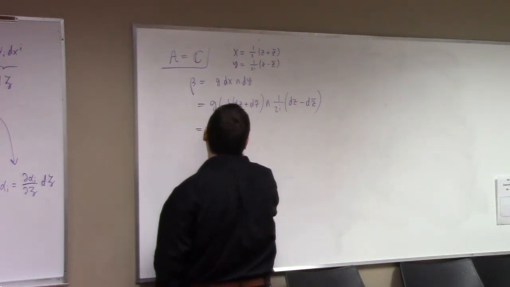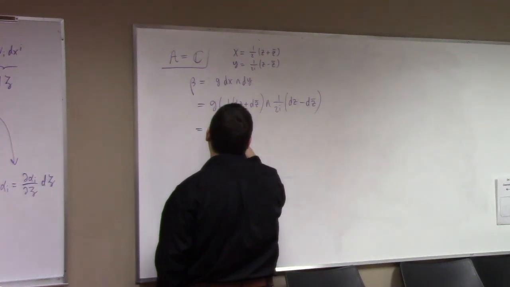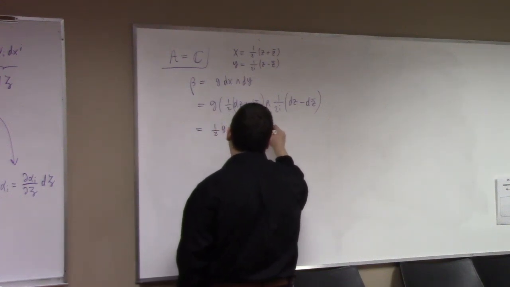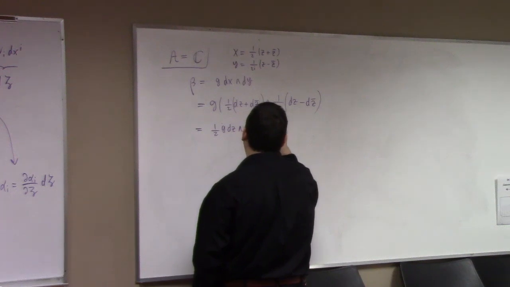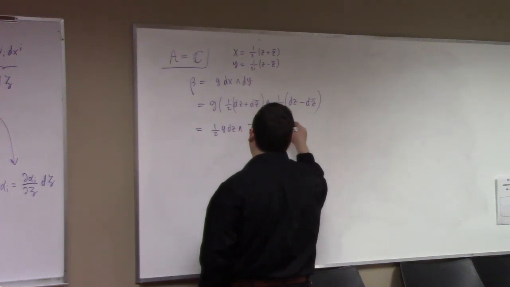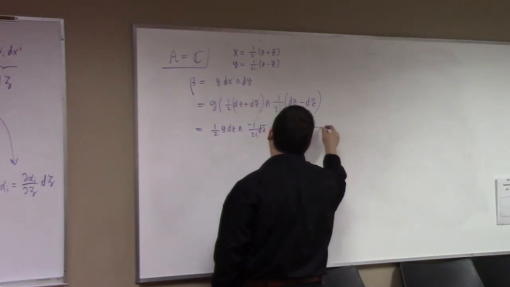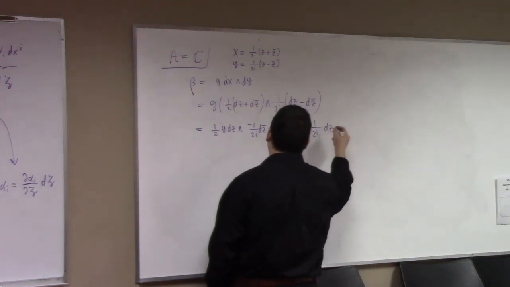You get 1/2 of 1/2 g dz wedge minus 1/2i dz bar, right, plus g/2 dz bar wedge 1/2i dz.